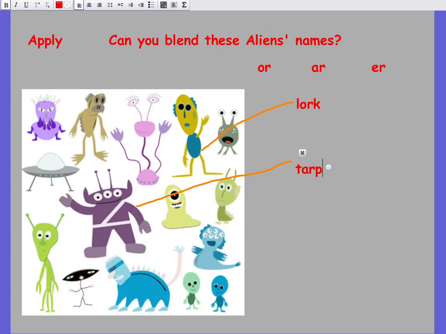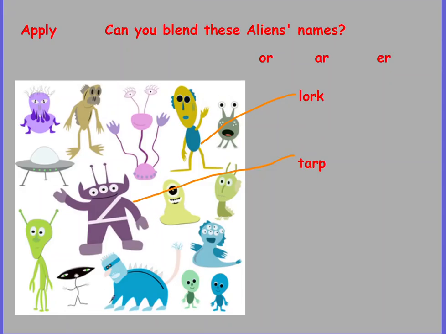Okay, and the next alien I would like to introduce you to is this guy down here with his 5 legs, okay? 5 legs down here. His name is Gurdon. Gurdon. This is a tricky one because there are lots of syllables. So watch me segment it. G-ur-d-o-n. Gurdon. Okay, I'm going to count the sounds for you in this one.